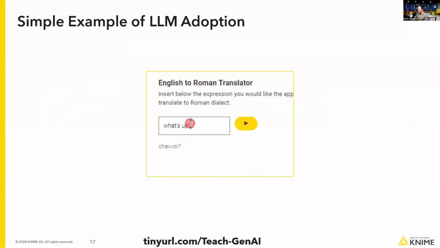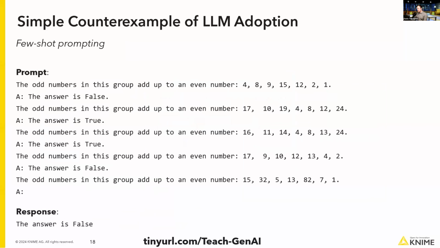a different example, right? So here we are now instead providing a math problem. Here we ask, with the same approach, to look at numbers and sum all the odd numbers, and ask whether the sum of the odd numbers in the set is an even number or not, right? So we have a few examples that should be correct.